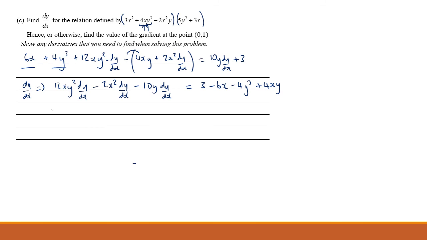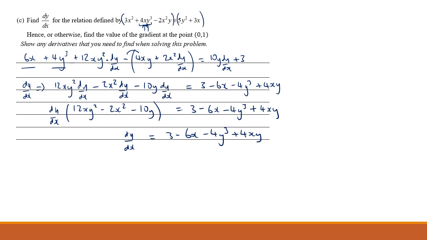So take out the dy by dx part, and I'm left with 12xy squared minus 2x squared minus 10y, and that equals 3 minus 6x minus 4y cubed plus 4xy. So dy by dx is going to be 3 minus 6x minus 4y cubed plus 4xy all over 12xy squared minus 2x squared minus 10y.